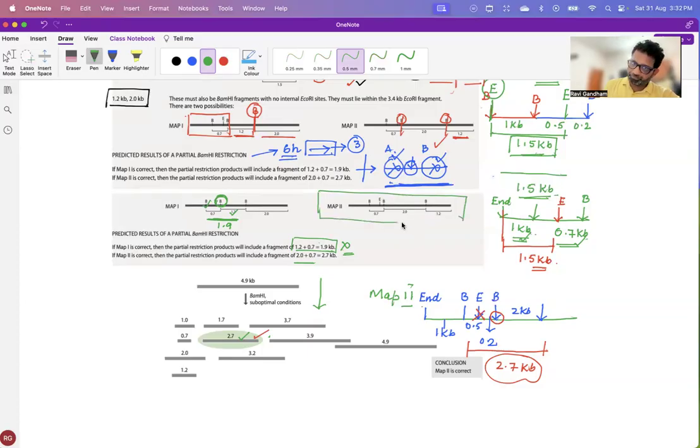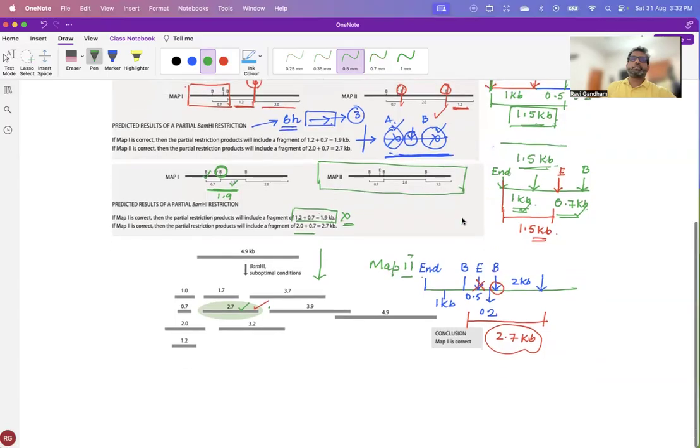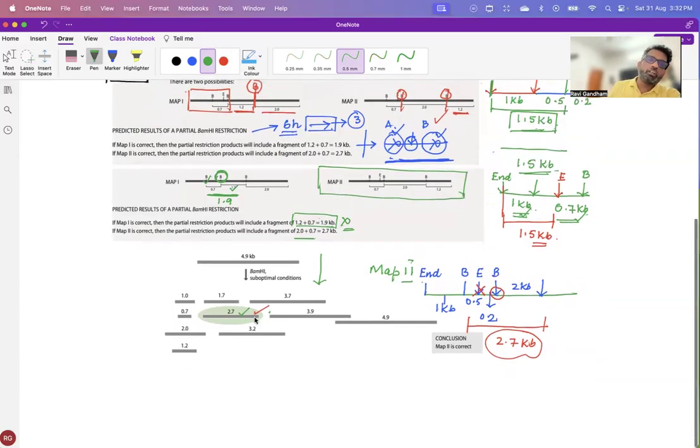Now, having got this restriction mapping clear, we'll look at what the limitations of this restriction mapping are. Now, what are the limitations, guys? The first one is that it all depends on the number of restriction enzymes that you are considering.